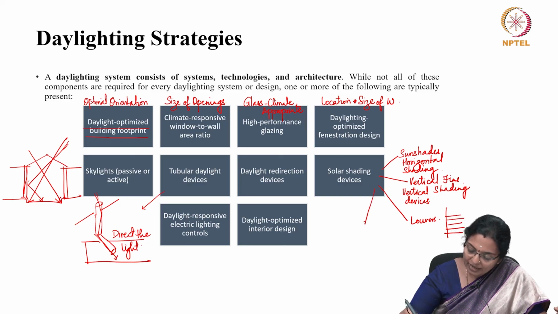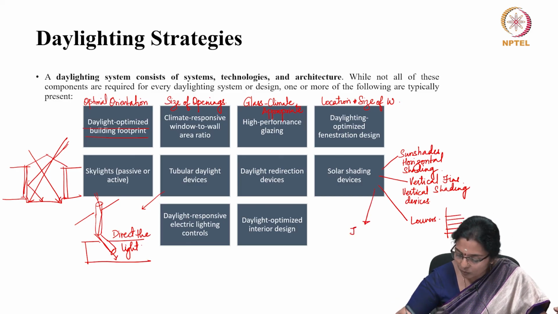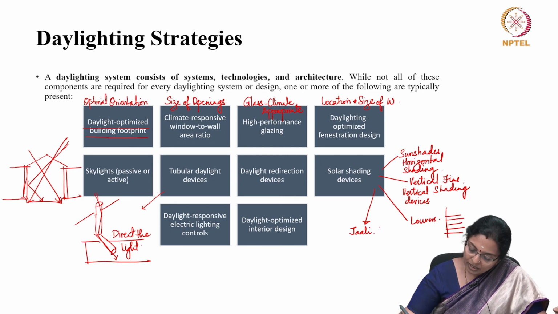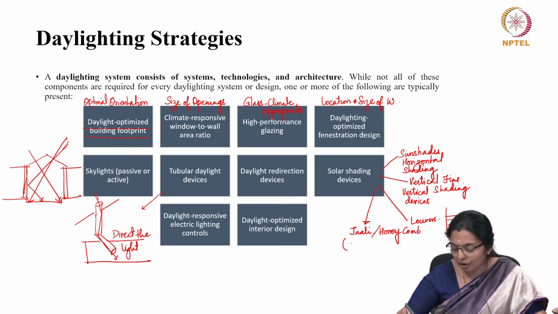You also have in the Indian system what is called as the jali. So, jalis or honeycomb type of shading devices are a combination of horizontal plus vertical shading devices.